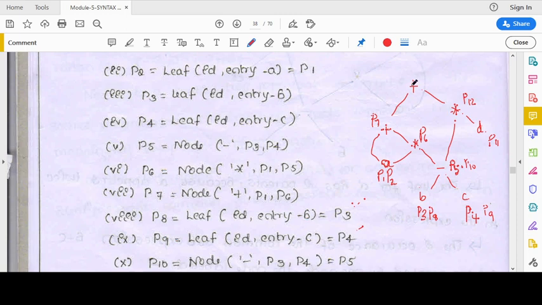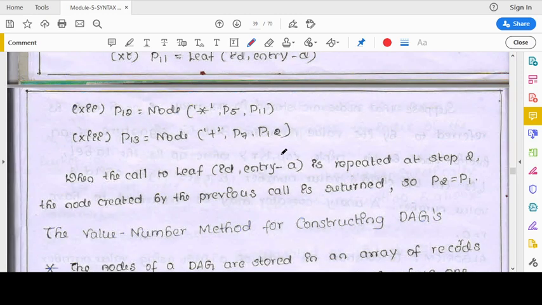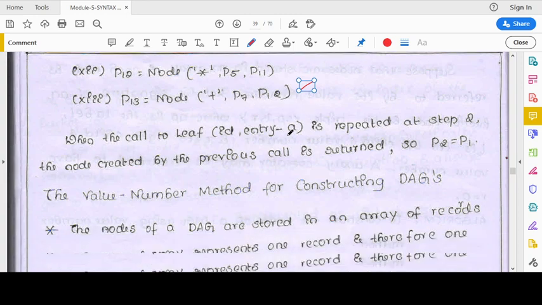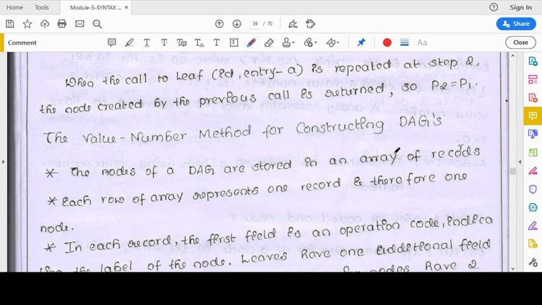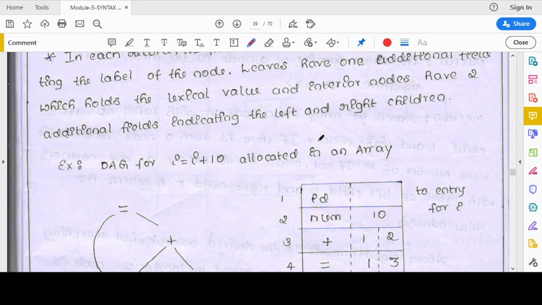So the left child of this plus is P7 and the right child is P12, and this will be our final node. Sorry, this is P13. So P13, left child was P7 and the right child is P12. So this is how exactly we looked into it, and this is just an explanation of the terms.